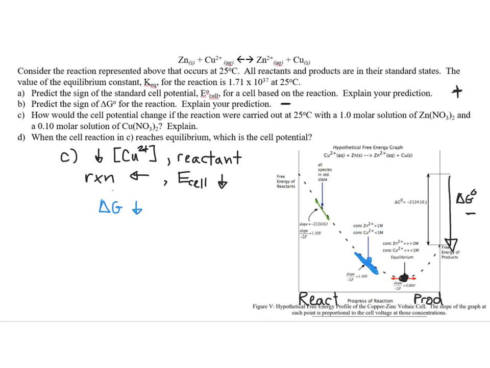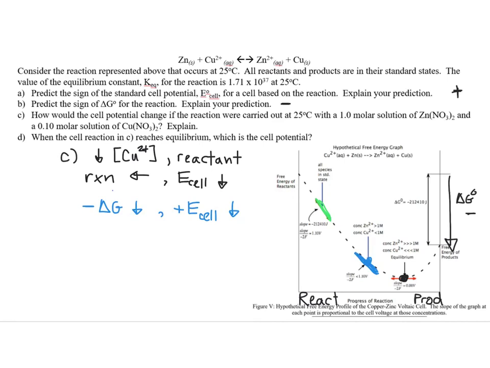And that's a negative because the slope is negative, but Gibbs free energy is proportional to the cell potential at any condition. So cell potential is just opposite in sign, but it's still going to be a smaller magnitude, so the cell potential is less.